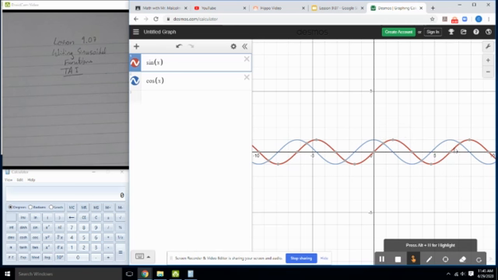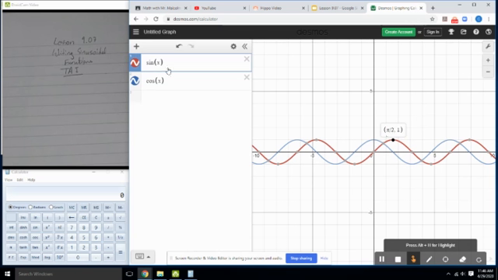Since we want to move it in the x direction, we're only going to pay attention to the pi over 2. So let's take a look at the cosine. This one is 0. So how would we move it from pi over 2 to 0? We'd move it to the left by pi over 2 units.